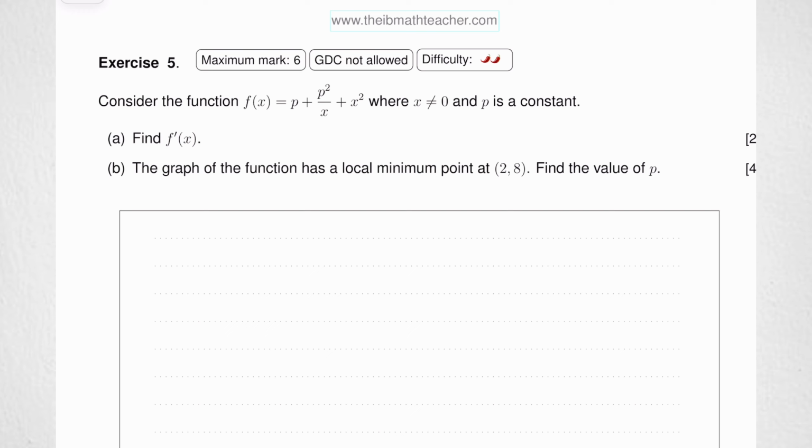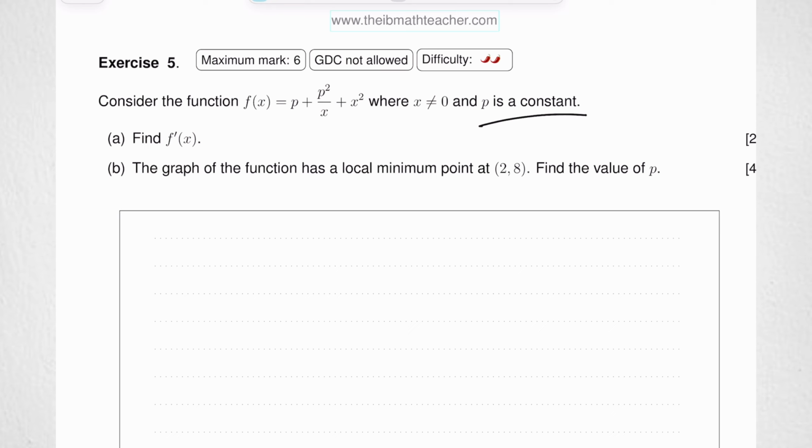Now on to question 5, a calculus question. This is one that can be misleading, and there are a few things to be careful with. So let's start with finding the derivative of f of x. We know that p is a constant. Therefore, when you're differentiating p, for example, you get 0.